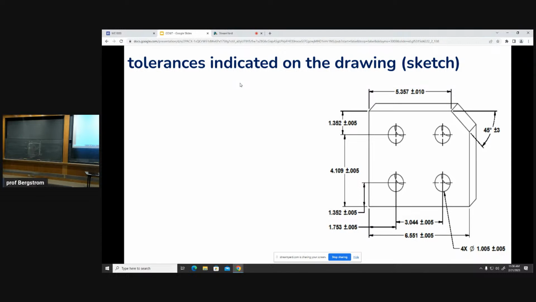So the bottom and top are apparently what? The bottom is 6.551. The top is 5.357, but a portion of it is chipped up.